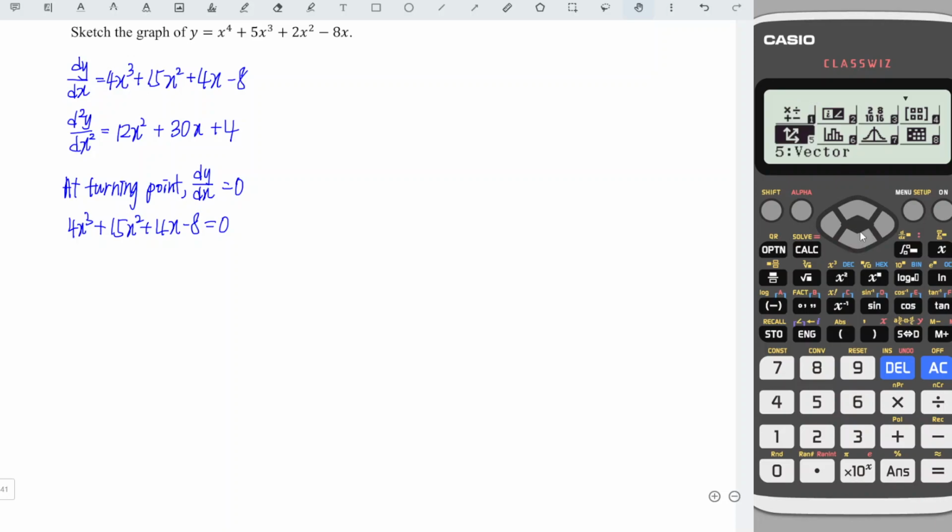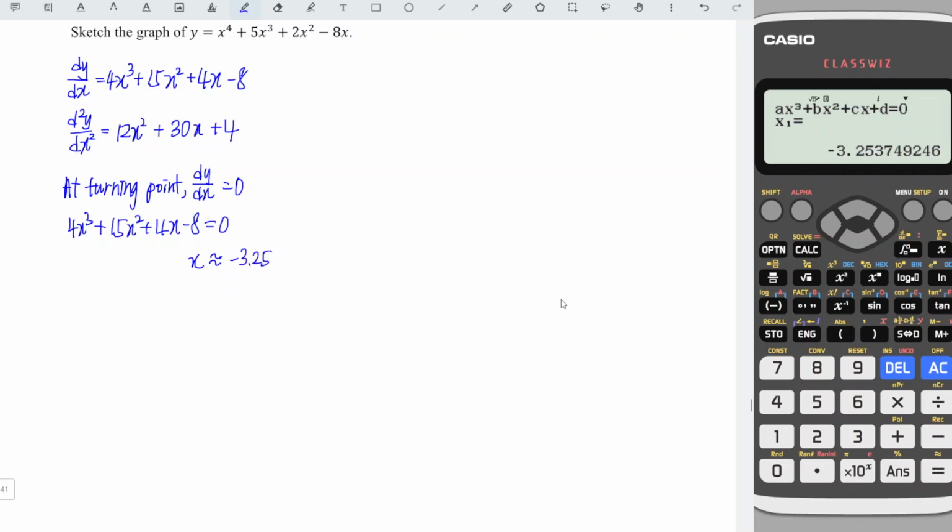So we can look for the equation function and we look for polynomial degree 3. And we just have to input accordingly. So we have 4, 15, 4, negative 8. And we obtain x is approximately equal to negative 3.25.